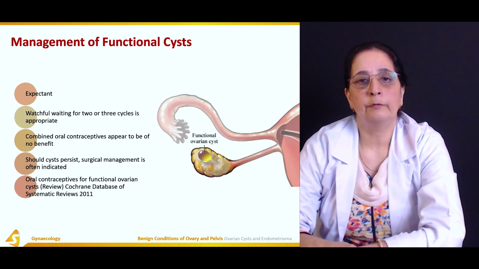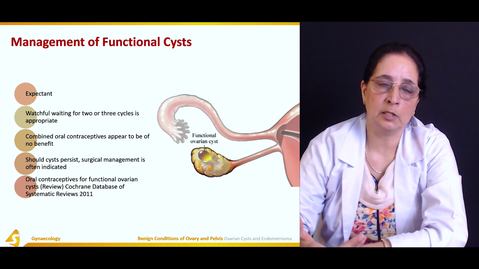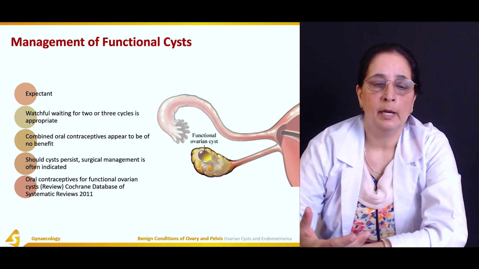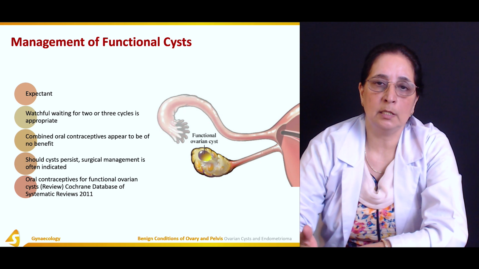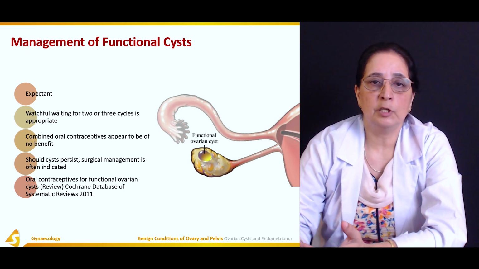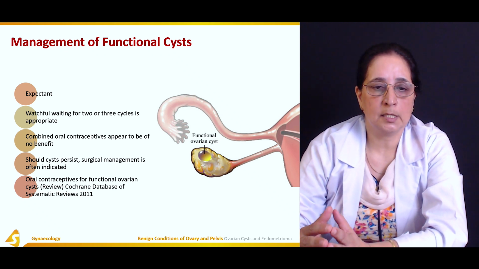Then management of functional cyst. We went over 3 types of the functional cyst: follicular, corpus luteum, and theca lutein. If they are present, what is the management? Usually it can be just expectant, because usually they regress or disappear after some time.